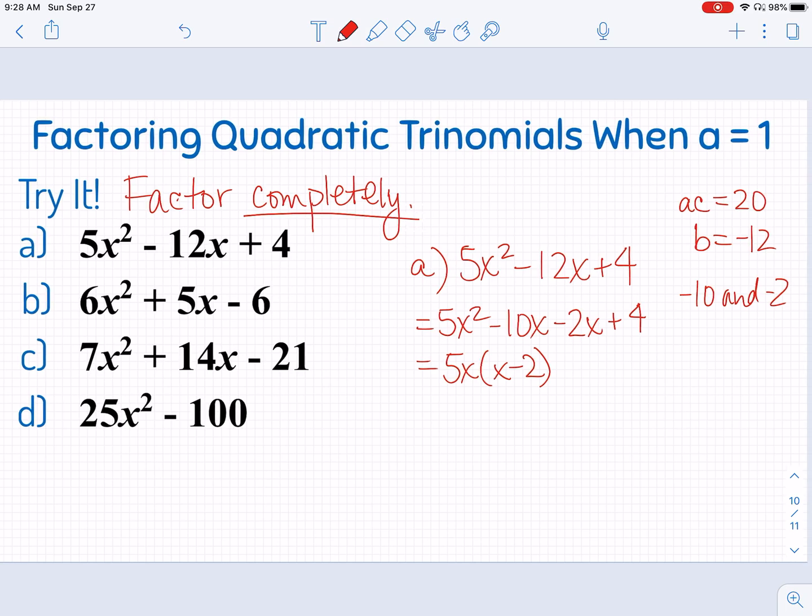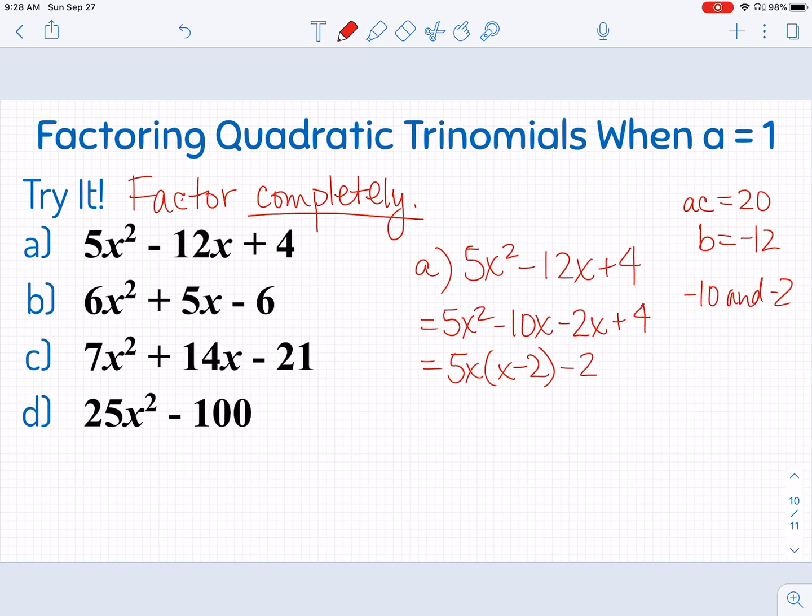And now I'm taking what I have left and I'm pulling out GCFs out of each of the two chunks, each half. This is called grouping. So my final factored form answer is 5x minus 2 and x minus 2.